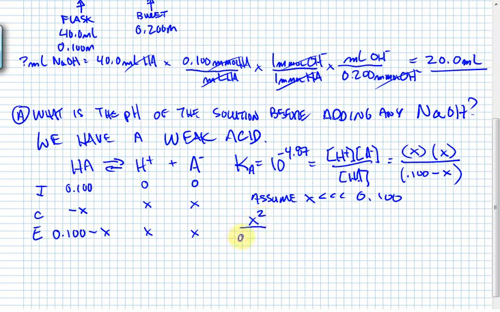X squared over 0.100 equals 10 to the minus 4.87, so if we solve for X, X equals 1.16 times 10 to the minus third molar. Again, that is our hydrogen ion concentration.